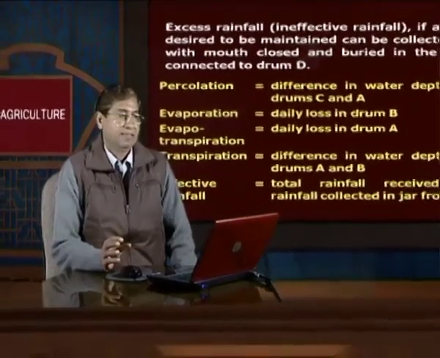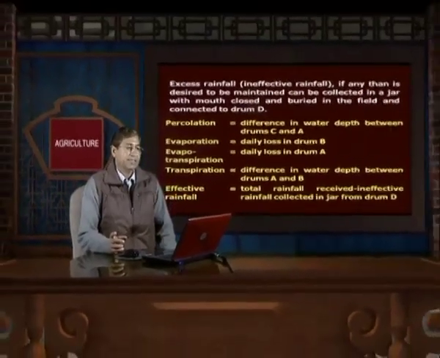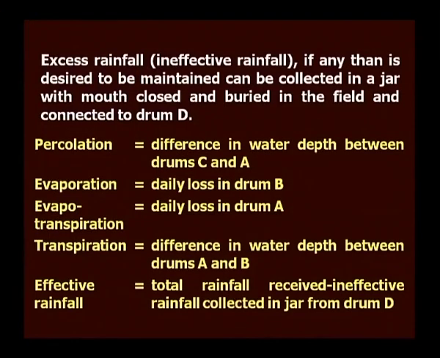Here percolation will be the difference in water depth between drums C and A. Evaporation will be the daily loss in drum B. Evapotranspiration is the daily loss in drum A. Transpiration is the difference in water depth between drum A and B. Effective rainfall is the total rainfall received minus ineffective rainfall collected in the jar from drum D.